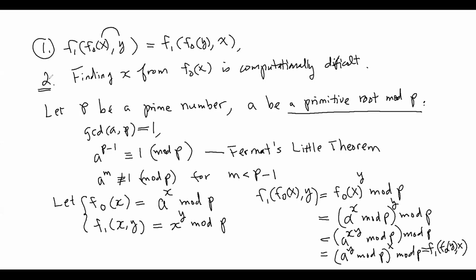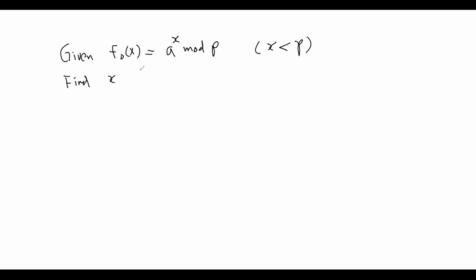Now let's look at the second property. So this means that given f0 of x, which is A to the x mod p, and let's assume that x is less than p, we want to find x.